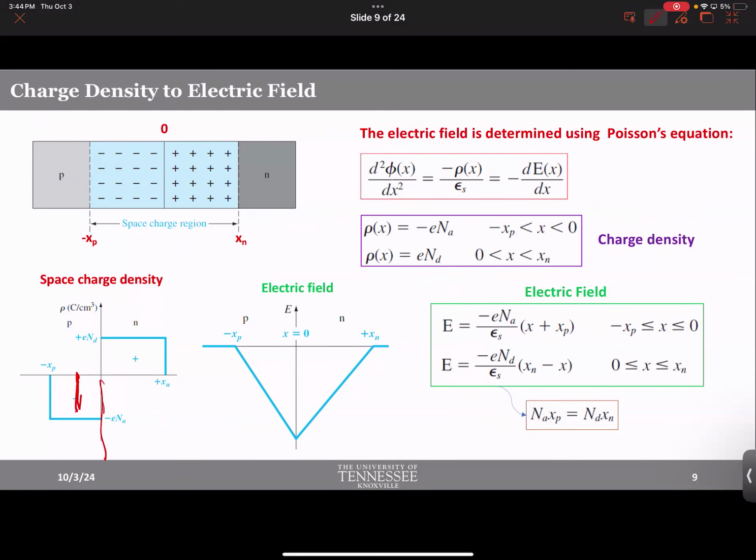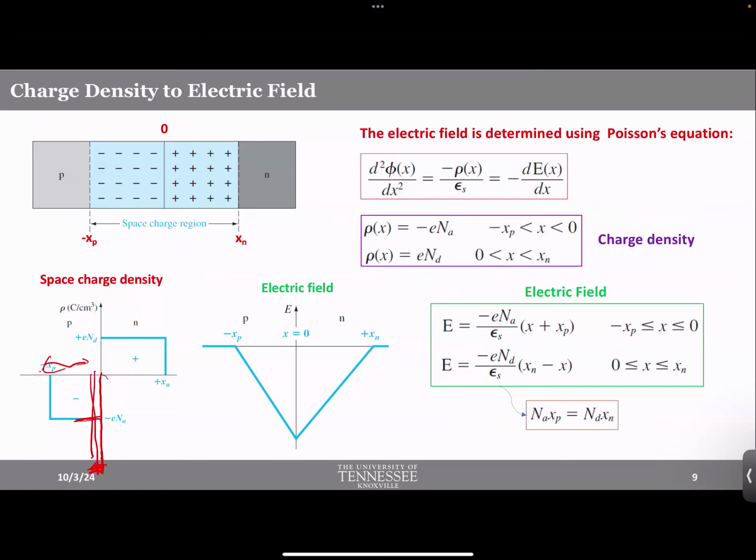Or, let's do this the other way. If the height is higher, if I have more doping concentration here, what should happen to the width? To keep the area the same, the width should reduce, right? Otherwise, the area will increase. So you see, if one thing gets longer, the other will be shorter.